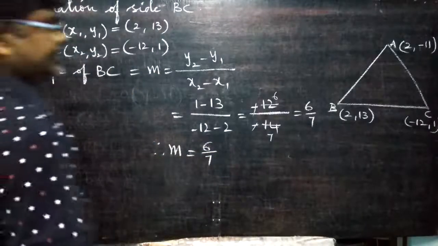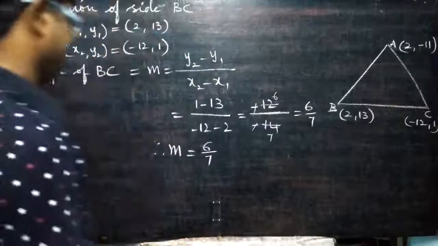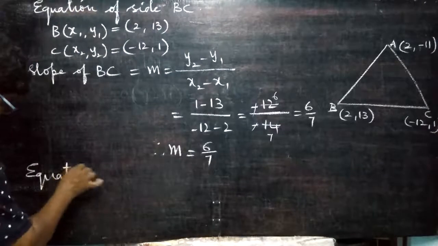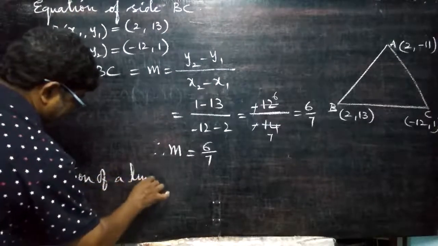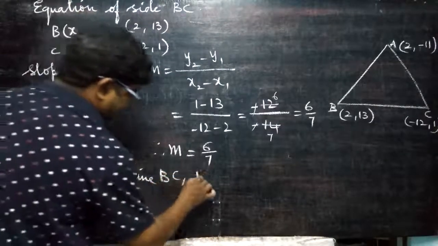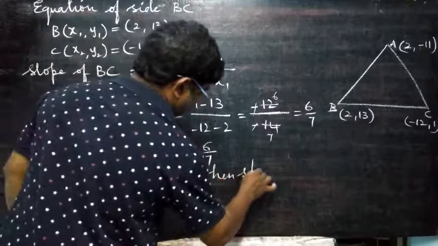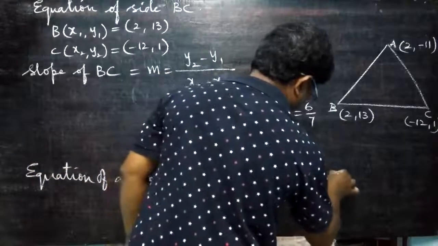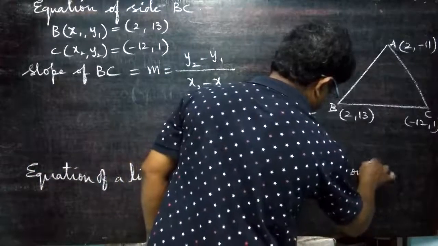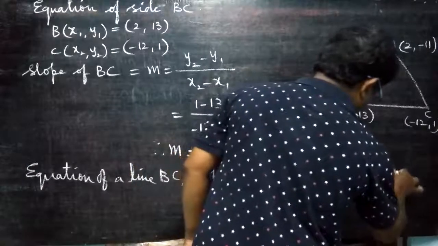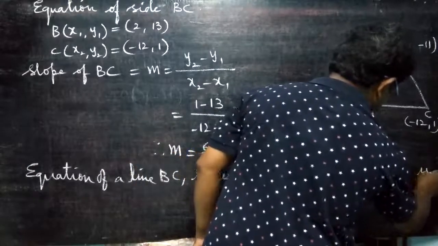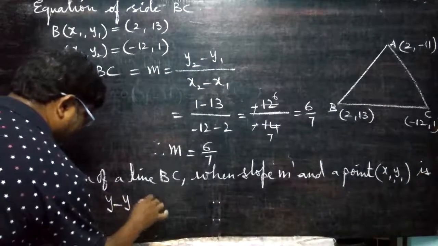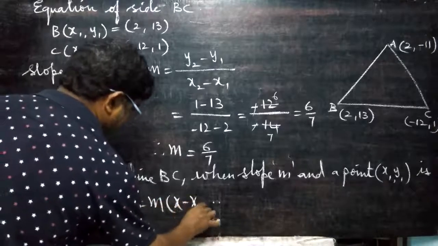Now take either B as one point or C as one point. Now we are going to find the equation of line BC when slope m and a point (x1, y1). What is the formula? y minus y1 is equal to m into (x minus x1).